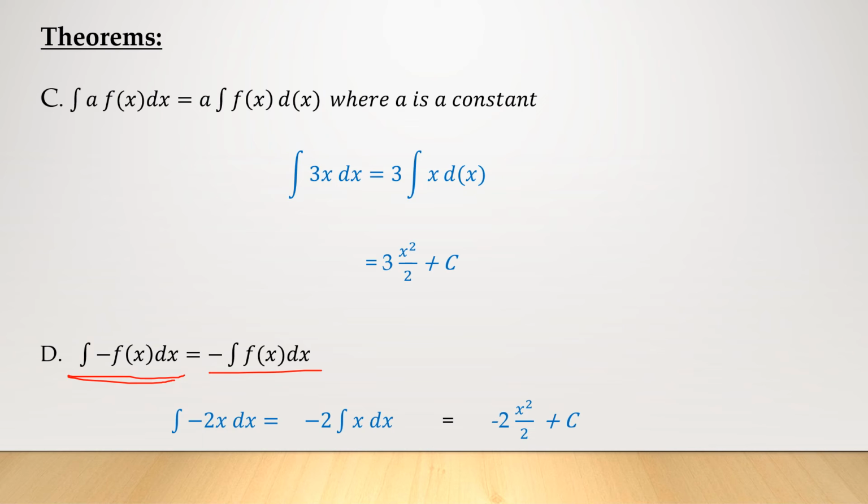So, for example, ito ang given natin: the integral of negative 2x dx. So, yung negative 2, nilabas natin. Kasi nga, 2 is a constant. Gaya dito, nilabas natin yung constant, at saka yung negative sign, nilabas natin sa labas ng integral sign. Kaya, ang naiwan na lang sa loob is ang x dx.